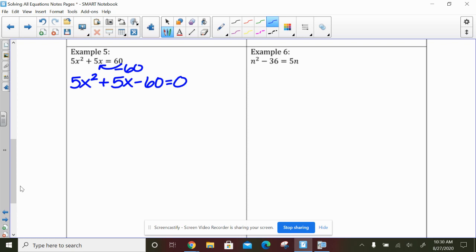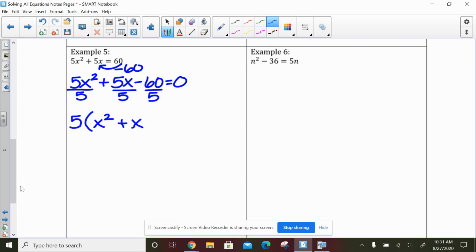Okay, then, does it have a GCF? So can you divide all 3 terms by the same number? Okay, and you can. 5 would be your GCF. Okay, so I'm going to put 5 on the outside. 5x squared divided by 5 is just x squared. 5x divided by 5 is just an x.